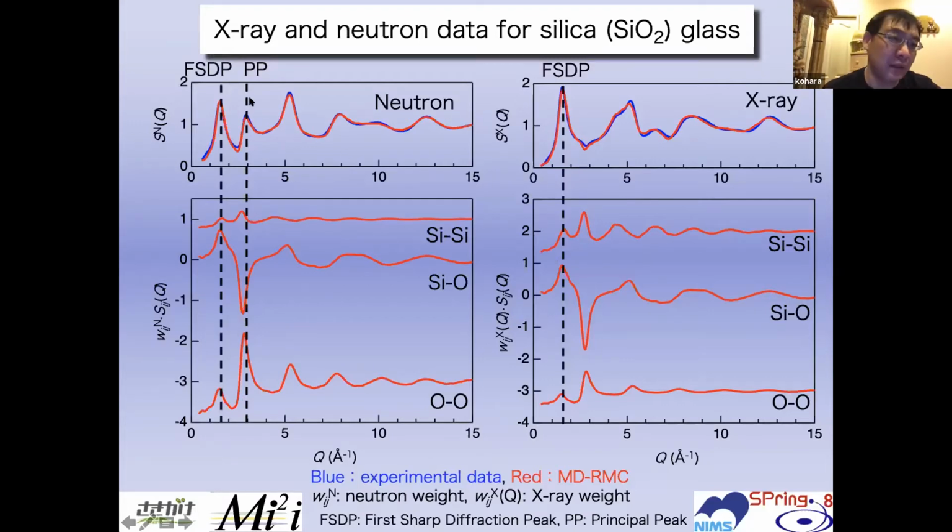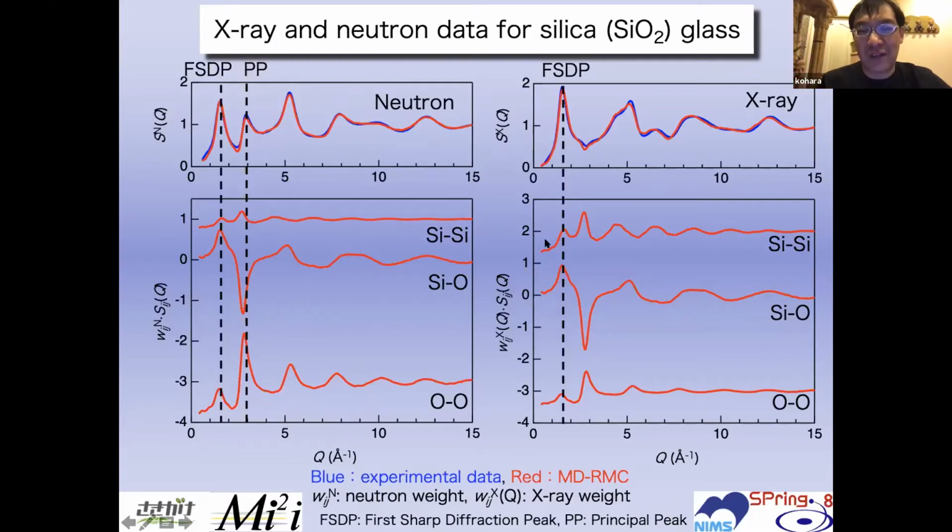And actually, the principal peak is just a summation of 2 positive peaks and 1 negative peak. The weighting factors are different in X-ray and neutron data, so we can observe the principal peak only in the neutron data, because this peak represents the oxygen-oxygen correlation.